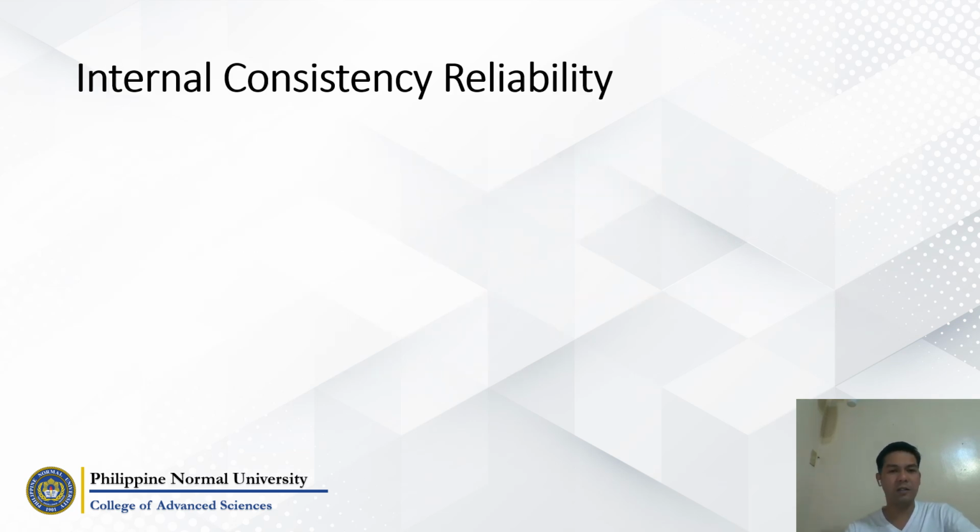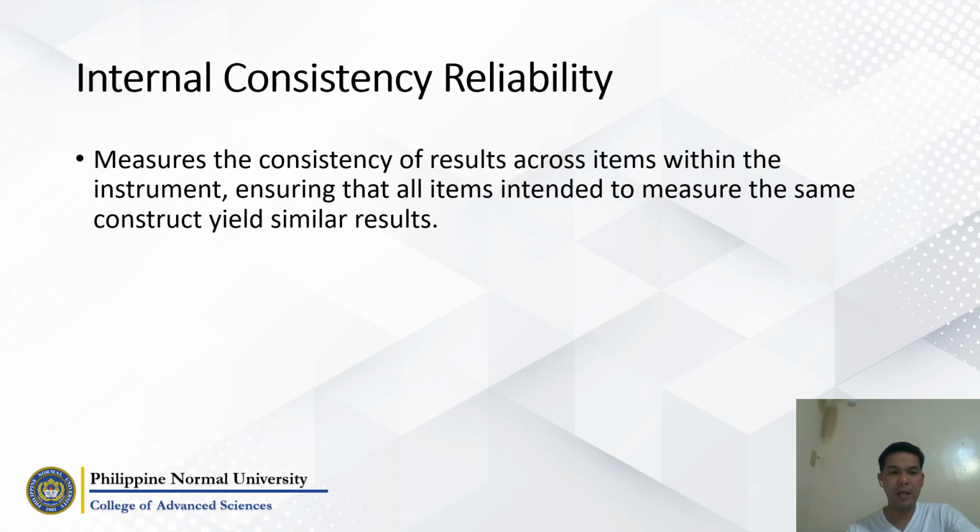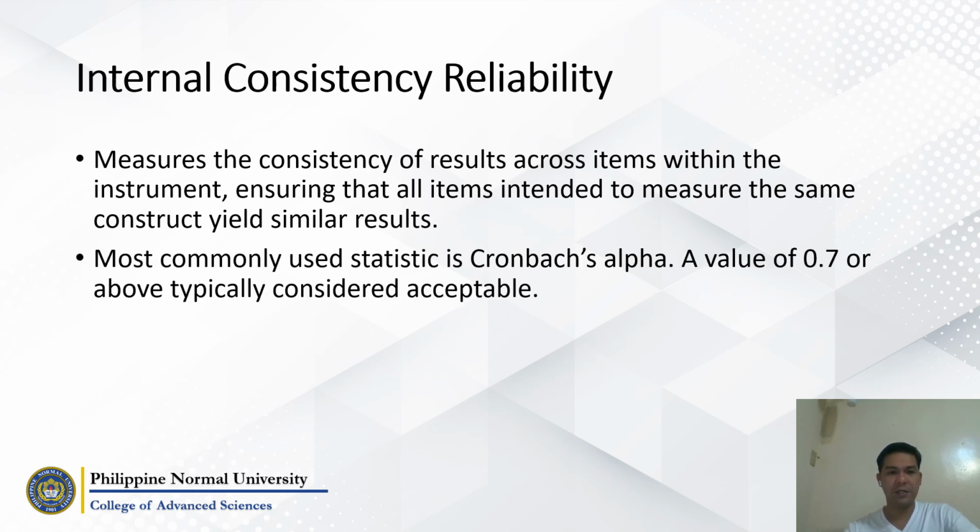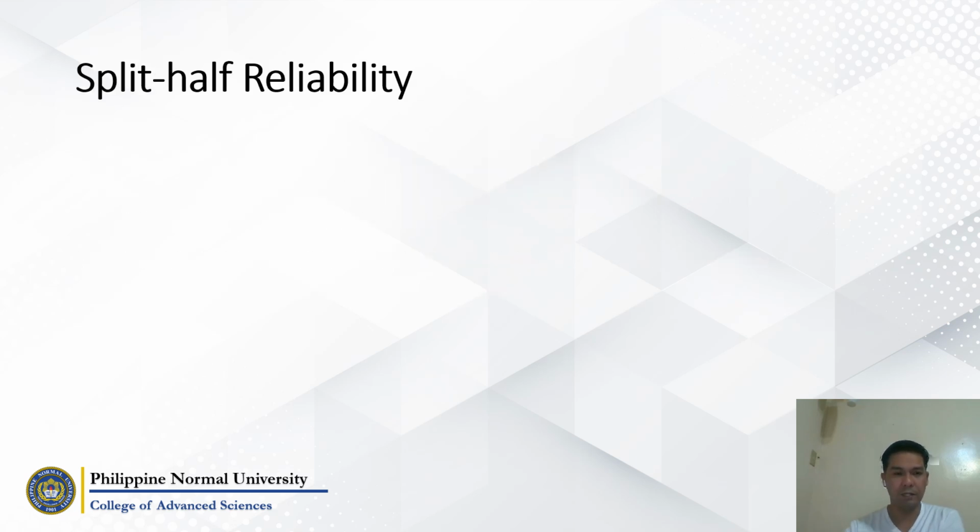We also have what we call internal consistency reliability. It measures the consistency of results across items within the instrument, ensuring that all items intended to measure the same construct yield similar results. The most commonly used statistic is Cronbach's alpha, and a value of 0.7 or above is typically considered acceptable.